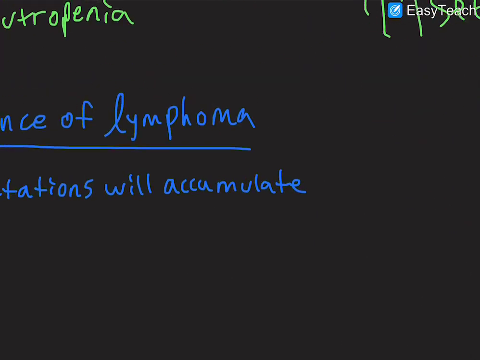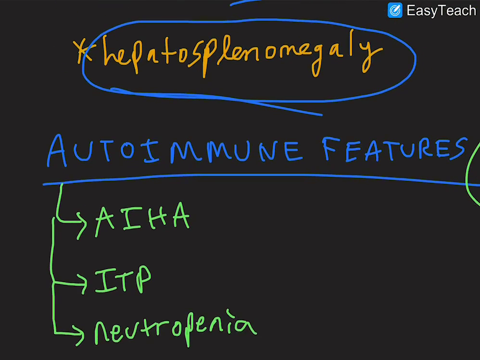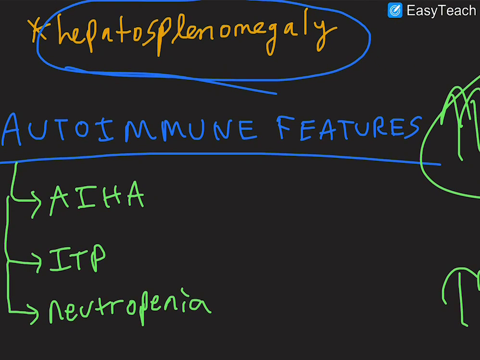So if we go back to our findings, we can see certain autoimmune features. Why? Because we have self-reactive T cells, and if those activate self-reactive B cells, then in our example those B cells are going to make antibodies against our red blood cells. The same mechanism we talked about.